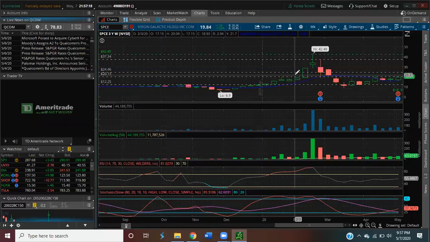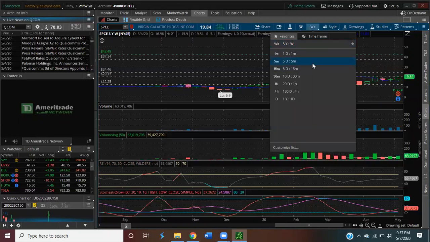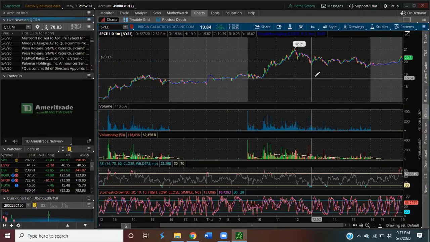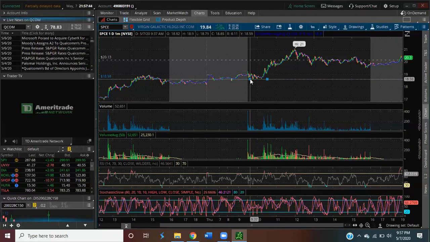So with this resistance right here, since this is on a 3-year chart and it's been holding on these weekly candles, then it'll be a lot stronger than a support or resistance that you see on a 1-minute chart, such as about here, maybe, this little small area right here. Right.